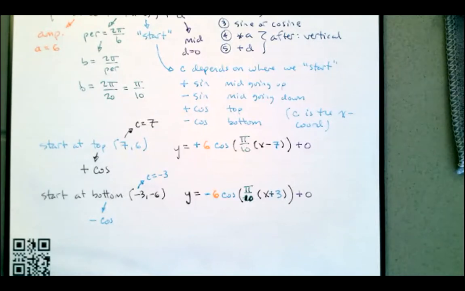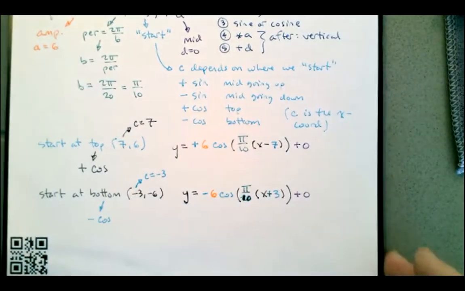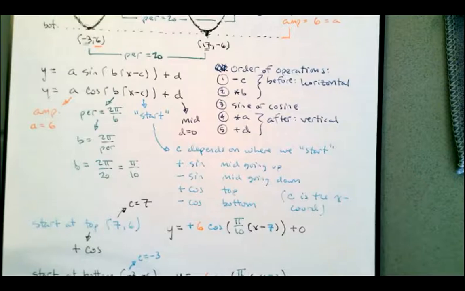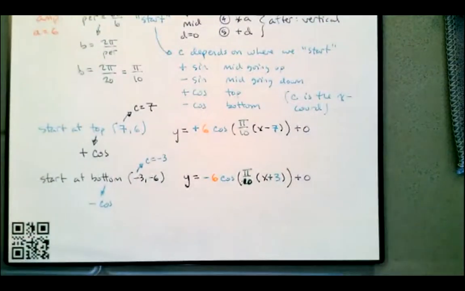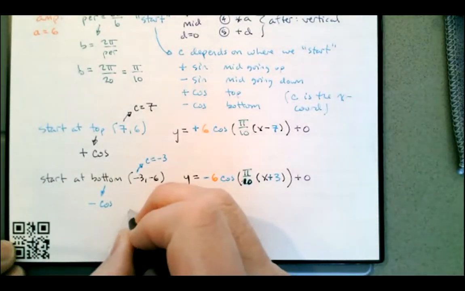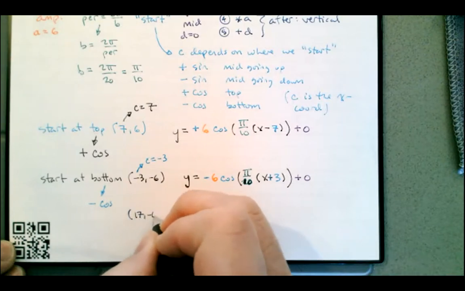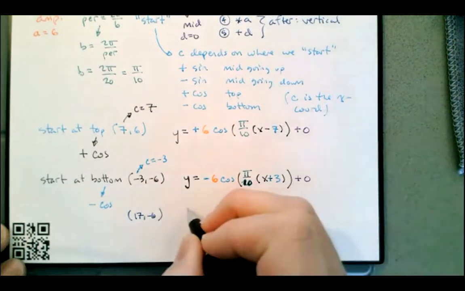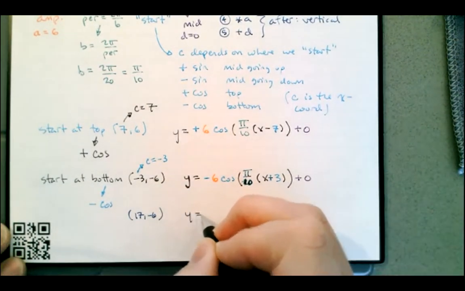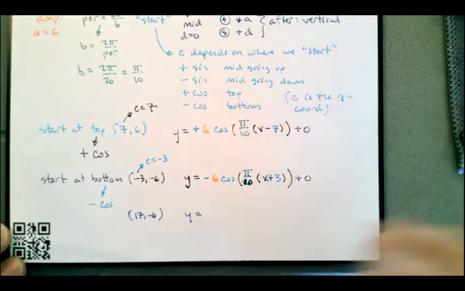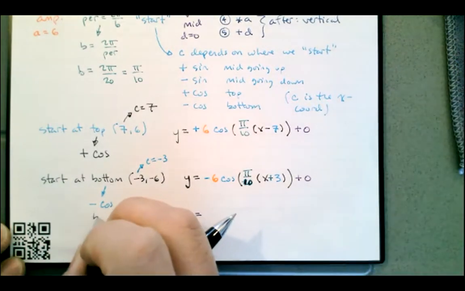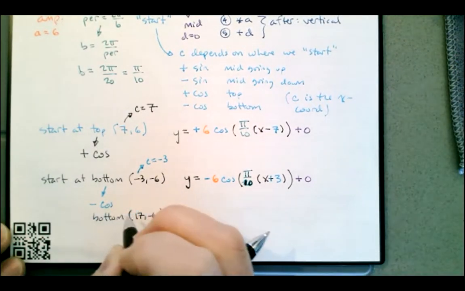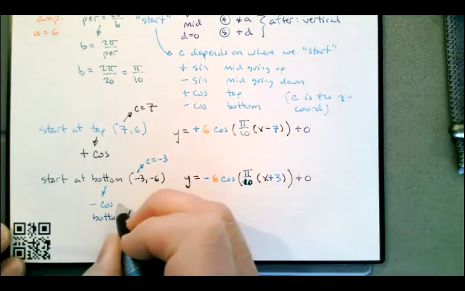There's another choice that we could have made that was also starting off at the bottom. That was also a negative cosine. The other point that we had at the bottom was 17, -6. So we could say that the bottom is 17, -6, where we would have written y equals, it's still a bottom point, so it's still a negative cosine.